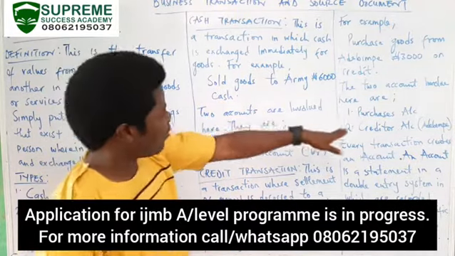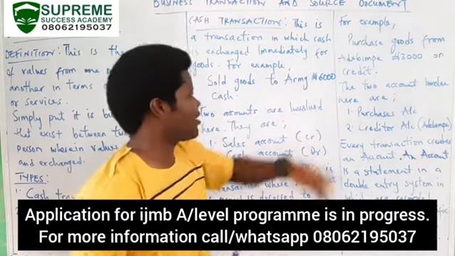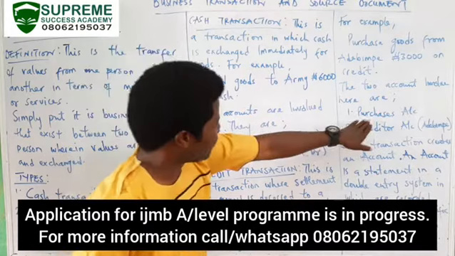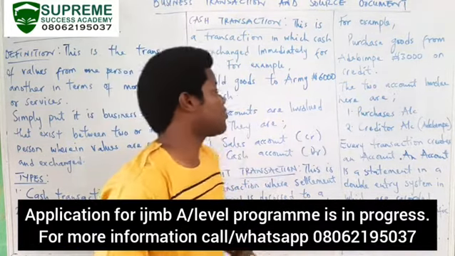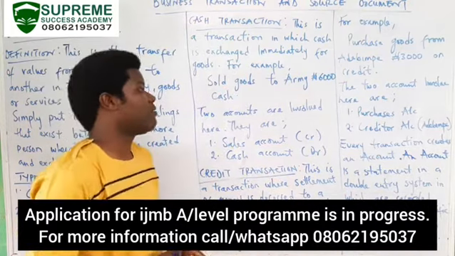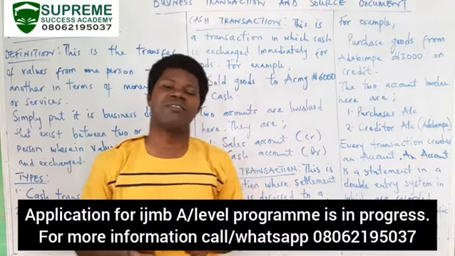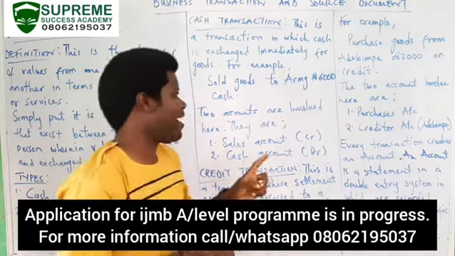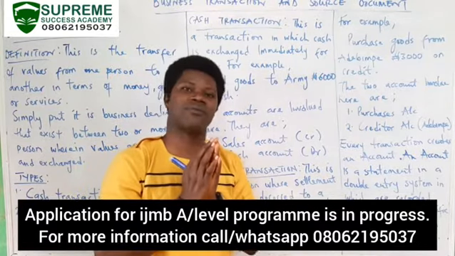So two accounts are also involved in this single transaction, which is a credit type of transaction. We have the purchases account on one side, and we have, of course, the creditors account, which is represented by Adebimpe.